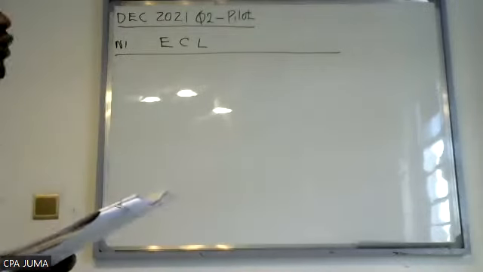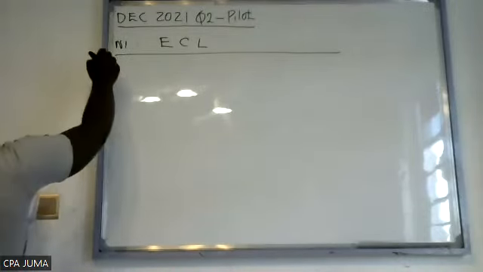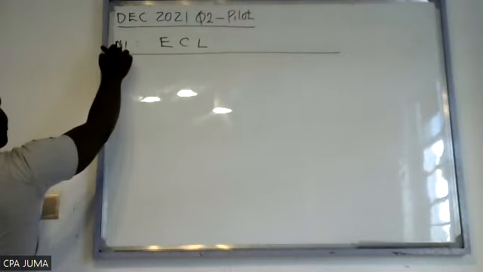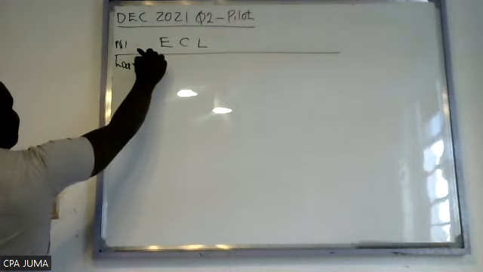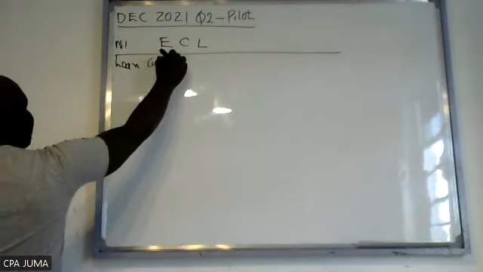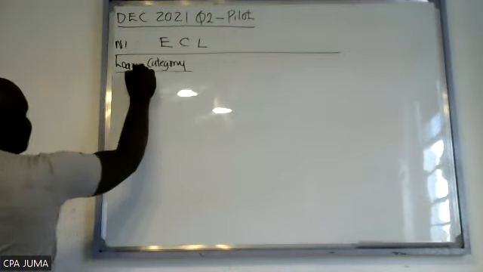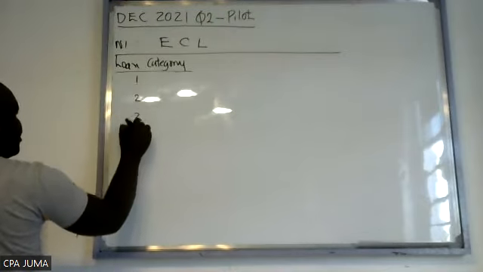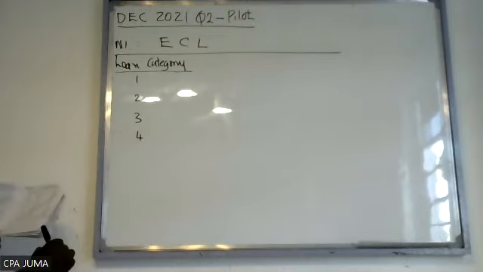You multiply those 3. So you can say here, loan category 1, 2, 3, up to 4.